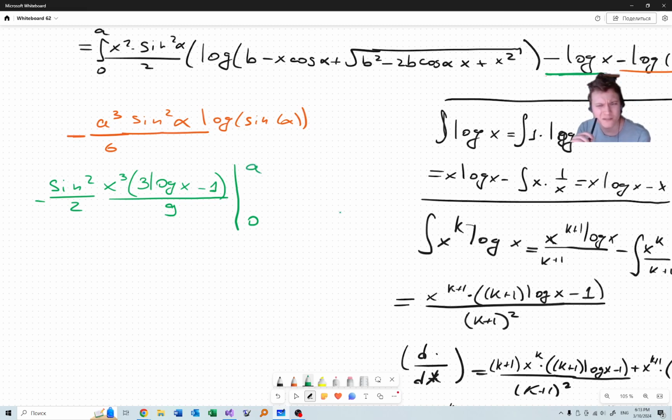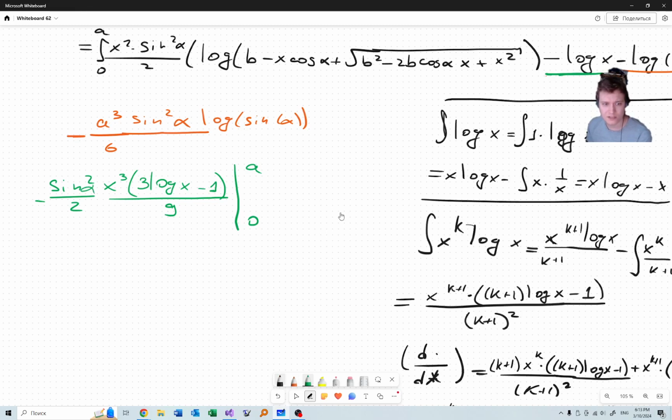Actually, I don't like it when we... Ah, x log x. Yeah, it's fine. x log x approaches 0. It's not minus infinity. So when x equals 0, it's just 0.